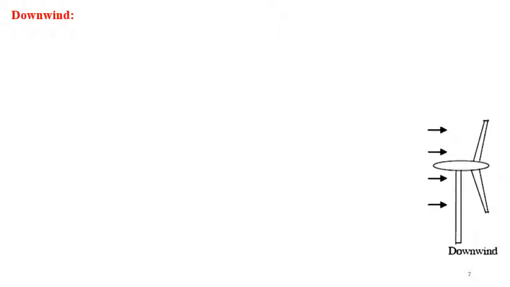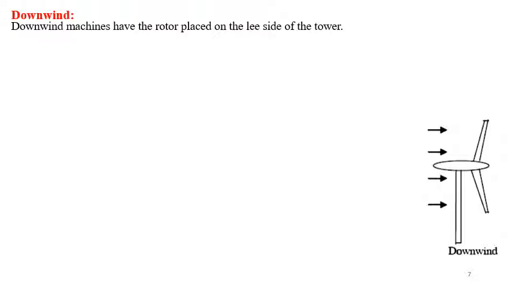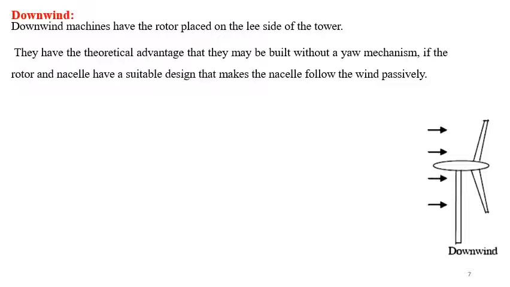Then the downwind wind turbine. You can see here it is opposite, the wind direction is opposite to the rotor face. Downwind machines have the rotor placed on the lee side of the tower. They have a theoretical advantage that they may be built without a yaw mechanism if the rotor and nacelle have a suitable design that makes the nacelle follow the wind passively.